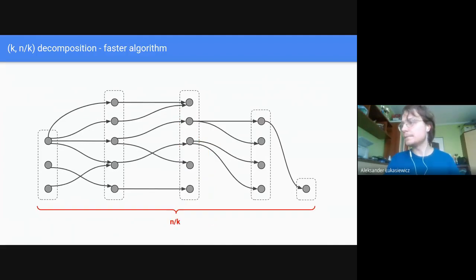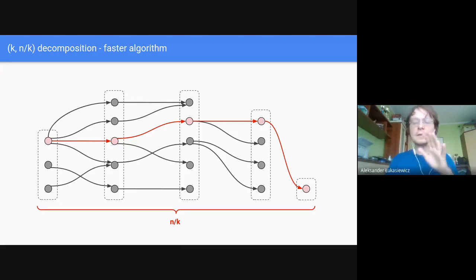Again, if we find a chain of length at least n over k, so we have many layers, we find this chain and remove it, extract it, and we run our algorithm again on the reduced number of vertices.